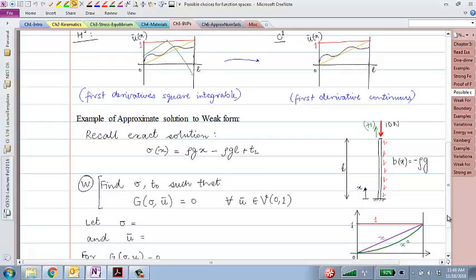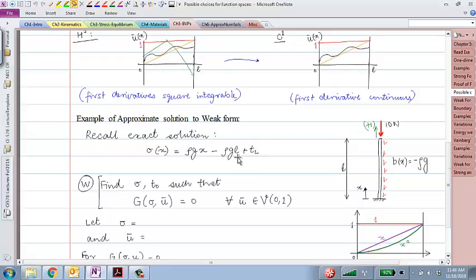And one example of that is right here. You remember we solved this as an example problem, column under self-weight. We know the exact solution for that problem because we found it. Let's say we don't know this exact solution and we are looking for some approximate solution to this problem.